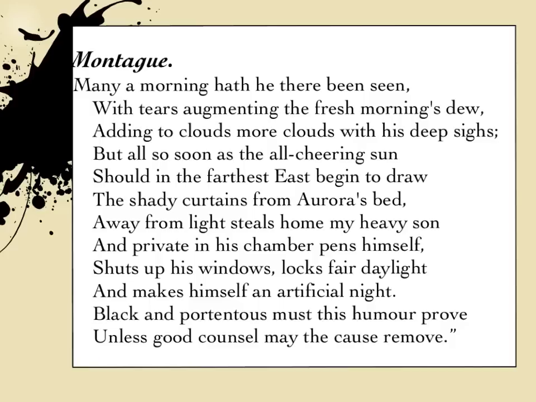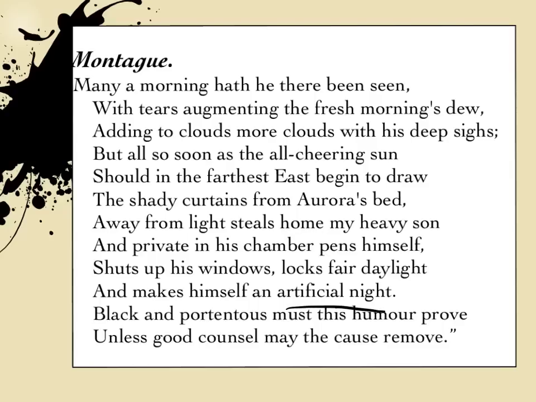In this passage from Act 1 of Romeo and Juliet, Montague is talking to Benvolio, asking him about Romeo's current behavior. And so in this passage, Montague is talking about how Romeo has been seen at a certain alcove every morning, and that when he comes home in the morning, he goes right into his chamber and creates for himself an artificial night.